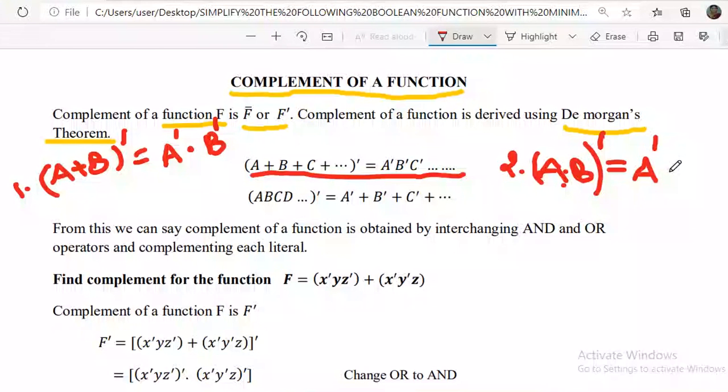The AND function will become the OR function, that is, dot will become plus. This is what you have to remember when doing De Morgan's theorem. These two concepts we are going to use for taking complements.